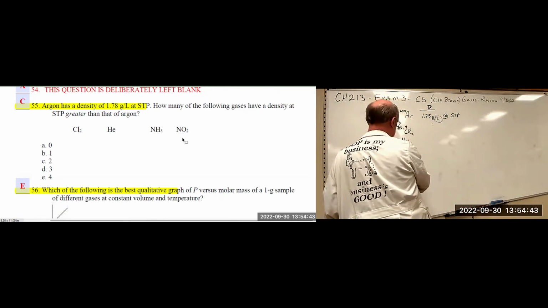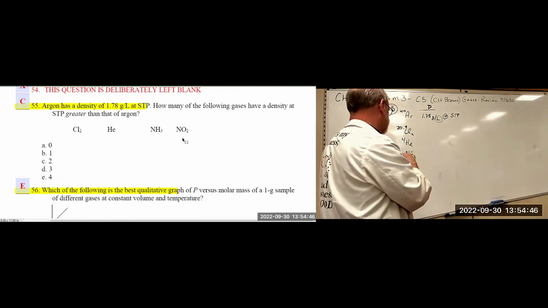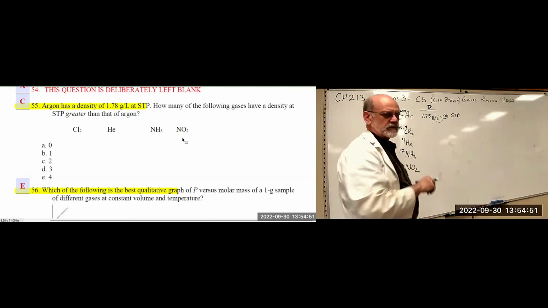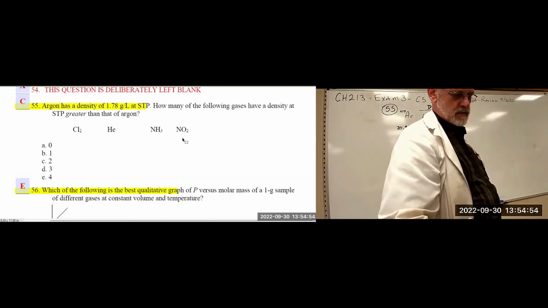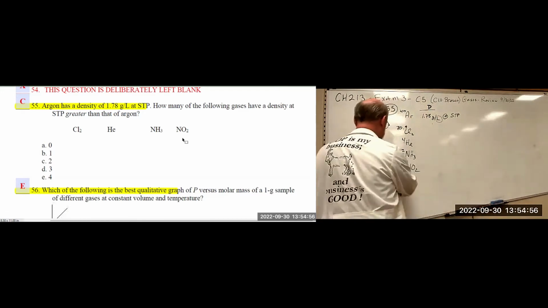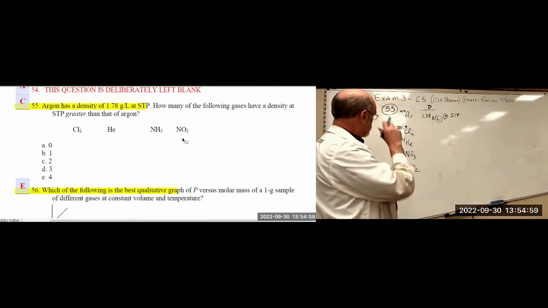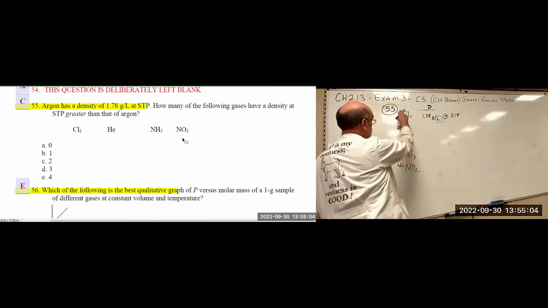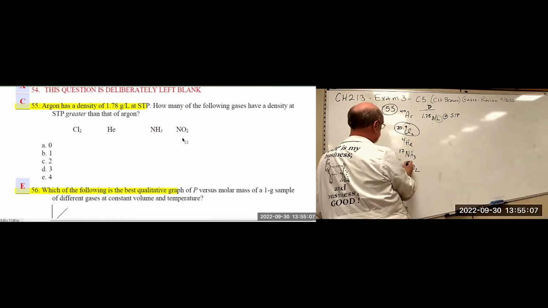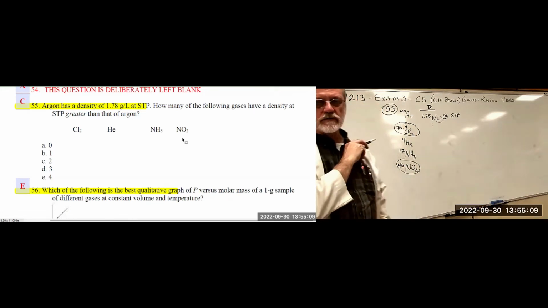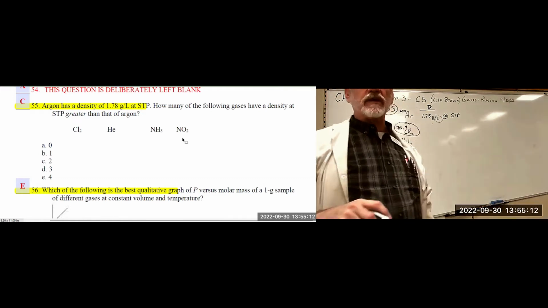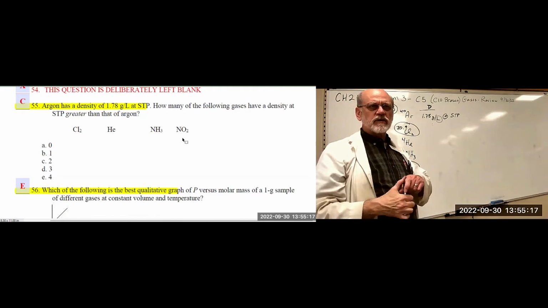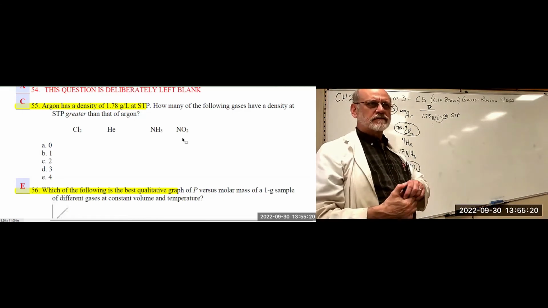Helium is 4. Ammonia is 14 plus 3, about 17. 14 plus 32 is 46. Okay, so which one should be more dense? The heavier ones. So this one and this one. Those two. So there should be 2 of them that are heavier, denser than argon. Did that reasoning register? Okay.